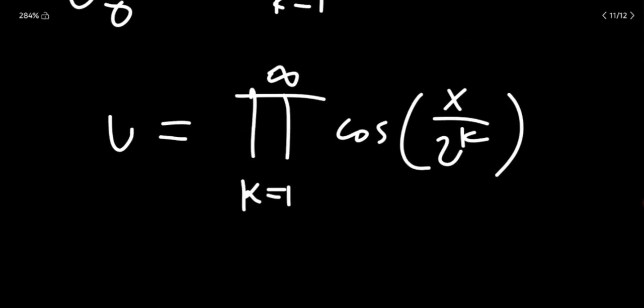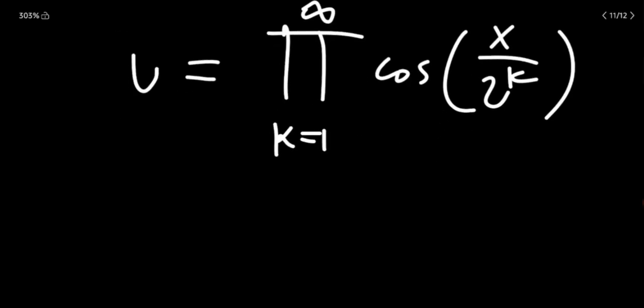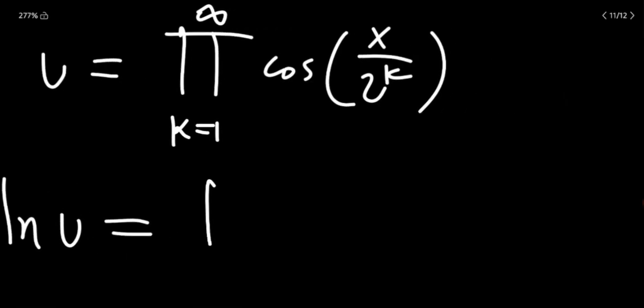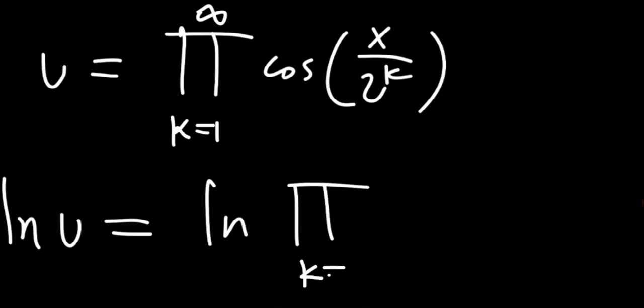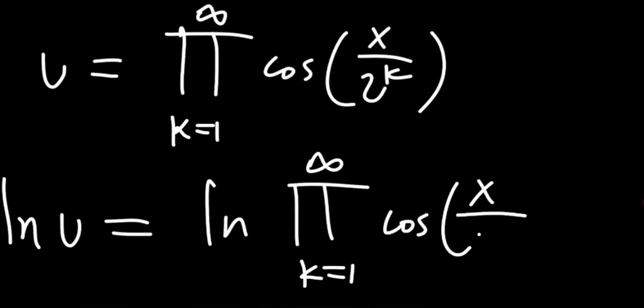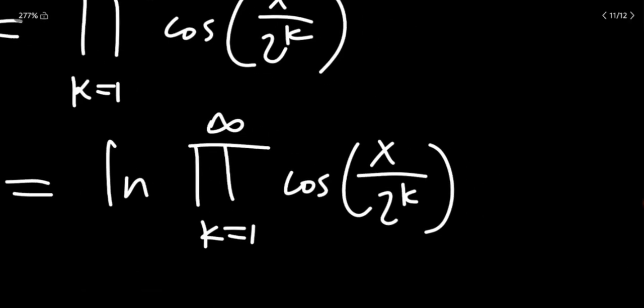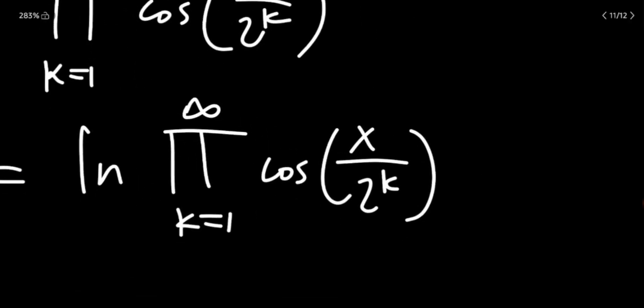Since I mentioned we will be using log differentiation, we will take the natural logarithm on both sides. It's ln u. It's gonna be ln of the product k equals 1 to infinity of cosine of x over 2 raised to k. Okay, so what does this do to our product? Notice that we are taking the log of a product here.